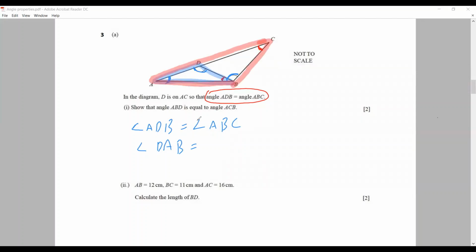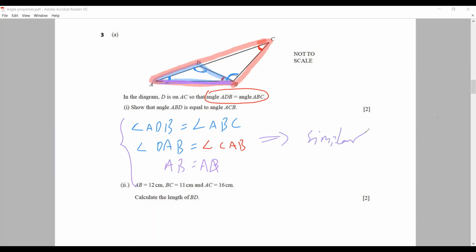So the angle DAB from the smaller triangle is equal to angle CAB from the bigger one. And lastly, they share the same side here. AB is actually shared between them. And according to AAS, right, they are similar.